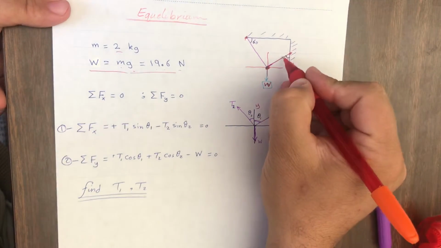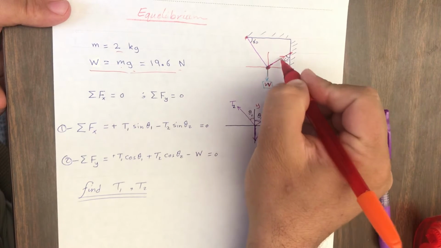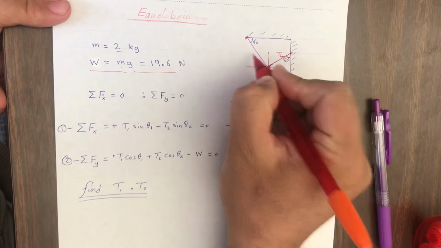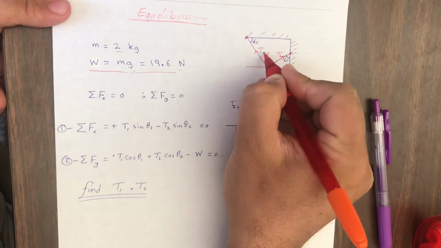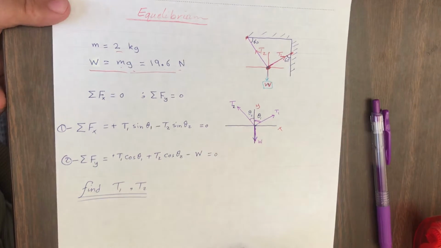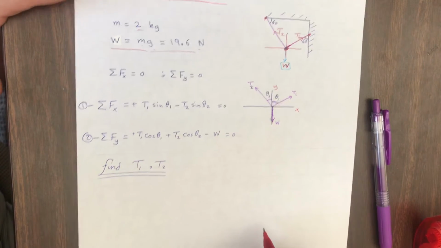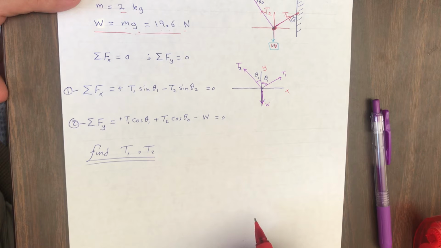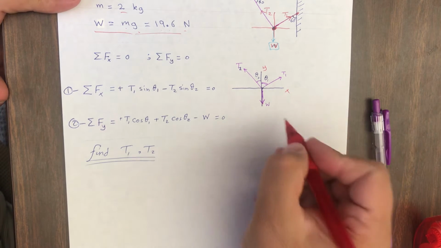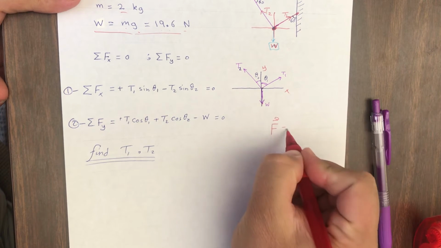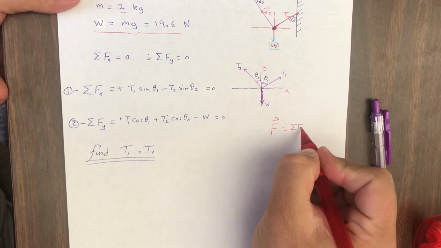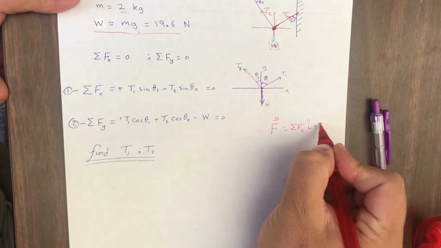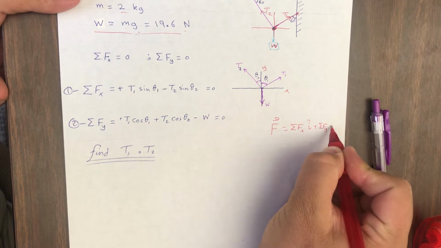At this point, we have this tension force, which is T1, and this is T2. And the total forces are equal to 0. The force is equal to the total forces in x i hat plus the total forces in y j hat.